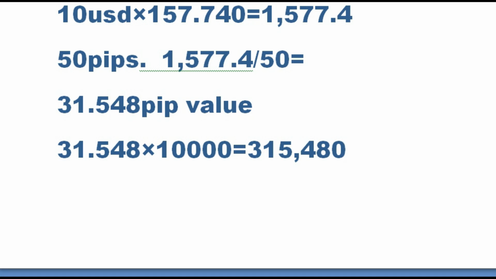So this is the position size. This is the actual position size in the market.